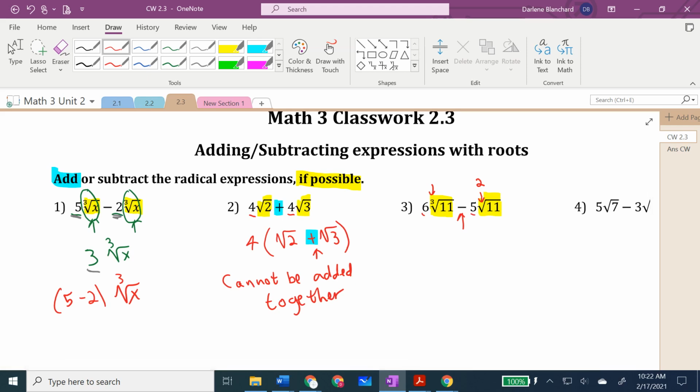And it's very important for you to know with algebra when you can simplify and when you cannot simplify. And here you cannot. There's nothing you can do more, and it's because the indexes are not the same.